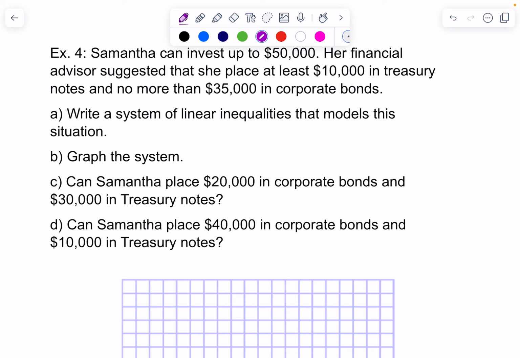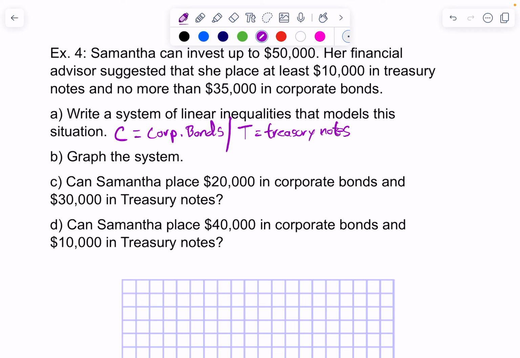Me personally, I'm going to go ahead and label C for corporate bonds. I'm going to label T for treasury notes. And there you have it.